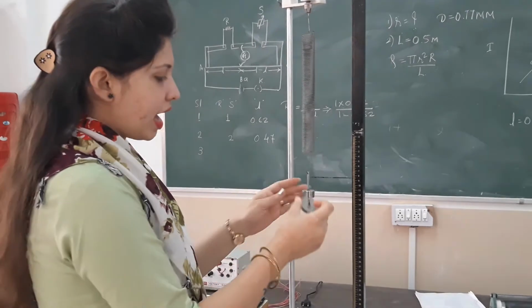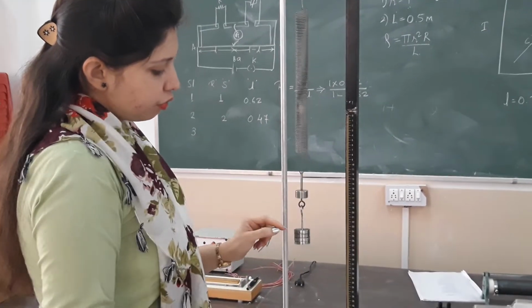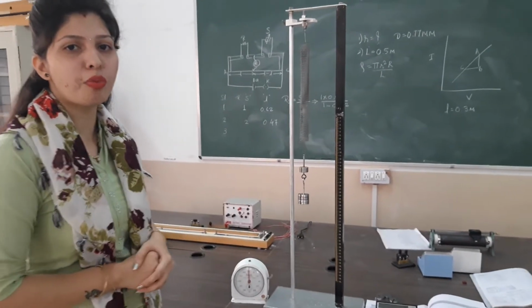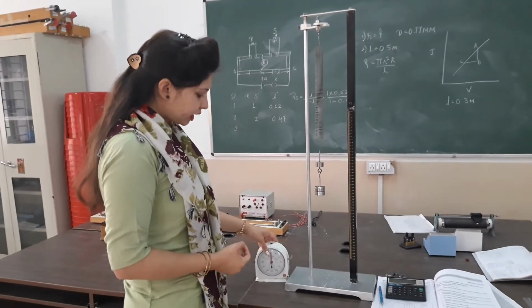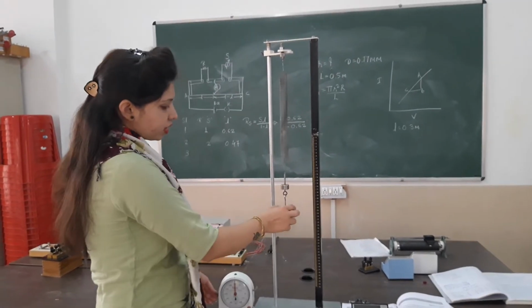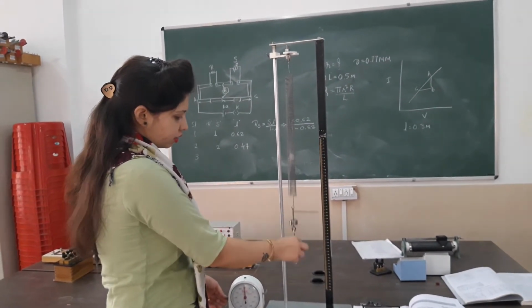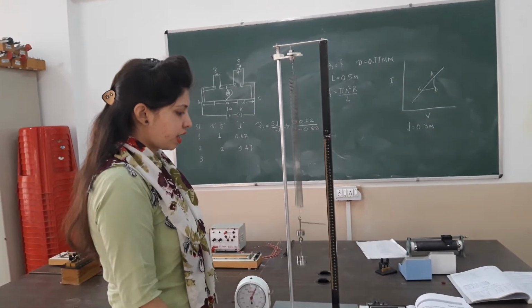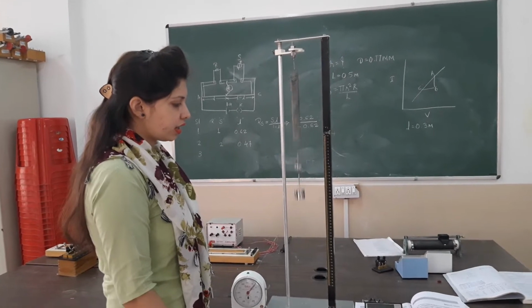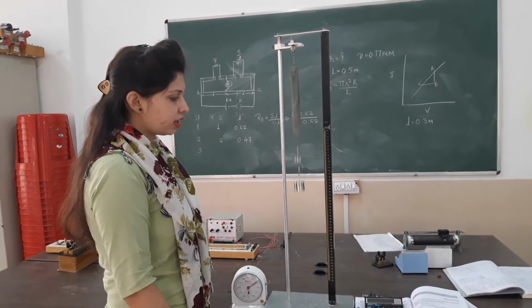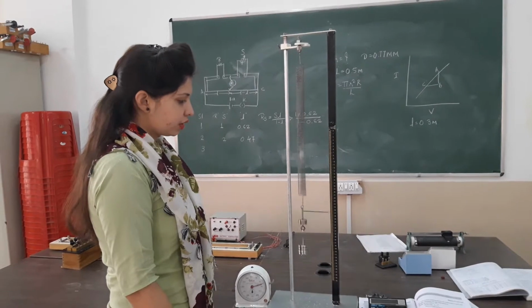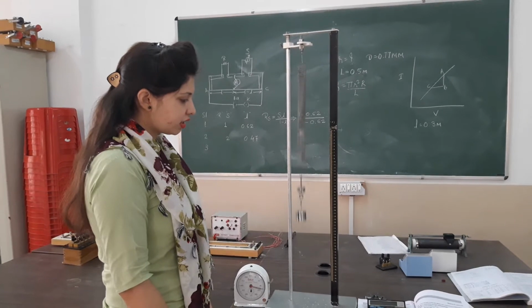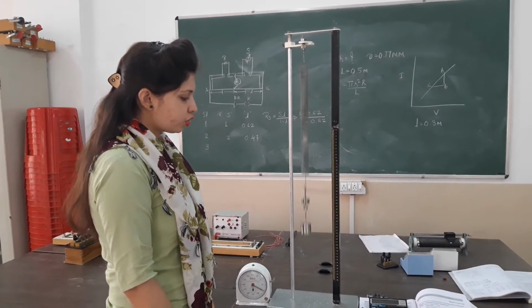Next we'll take one more 50 gram will add. Then it is 50, 50, 50, 150. 150 gram or 0.15 kg. Let us begin with the experiment again. So I'll just pull this. 1, 2, 3, up to 20.